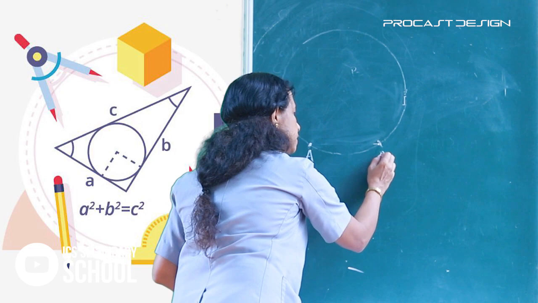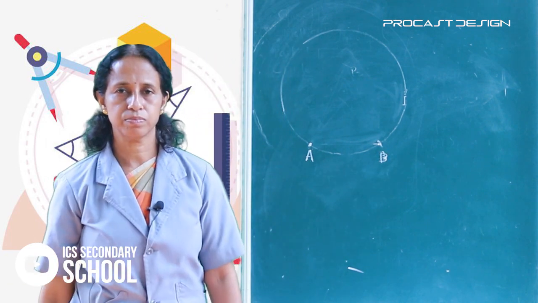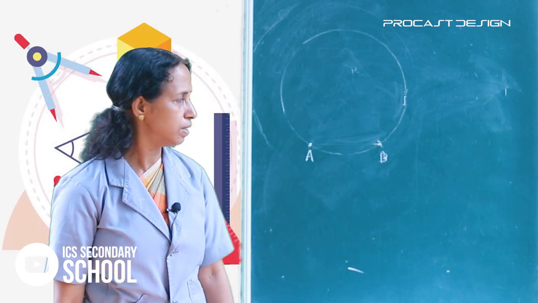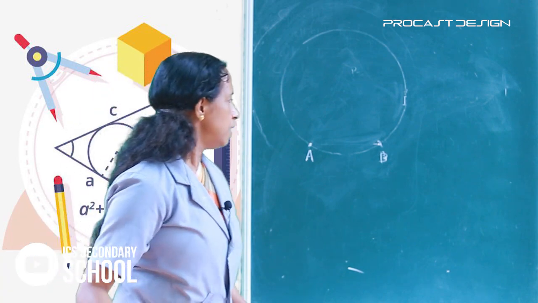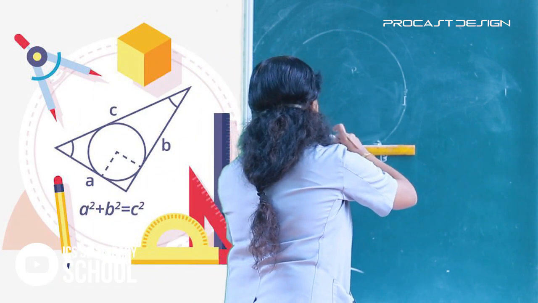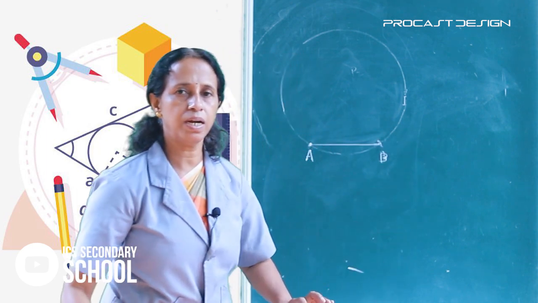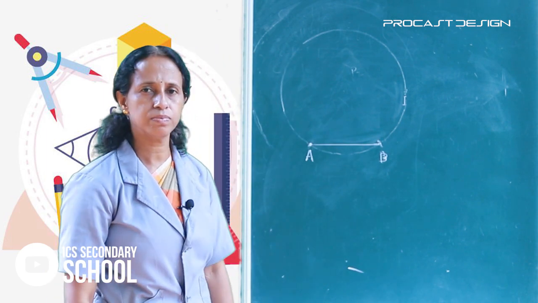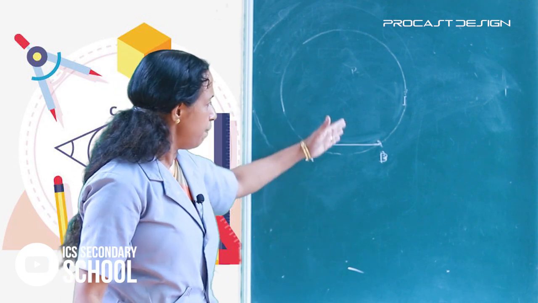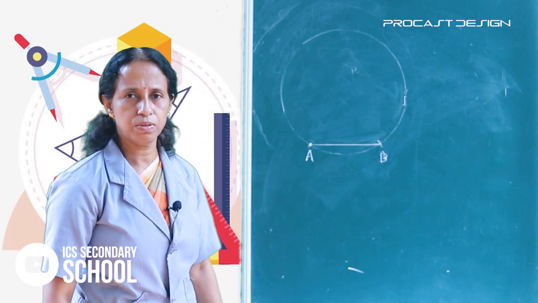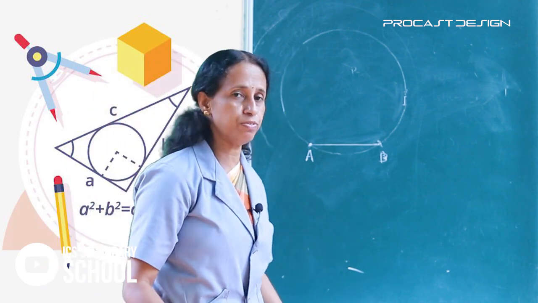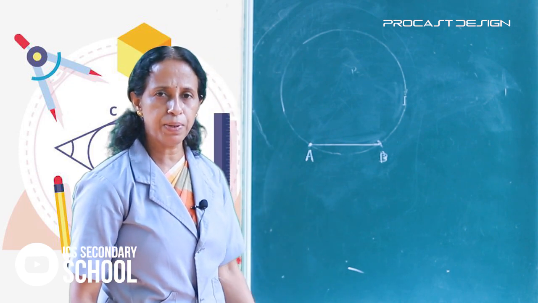First mark 2 points A and B. Okay. Connect these points. Join A to B. Draw a perpendicular bisector of this line.